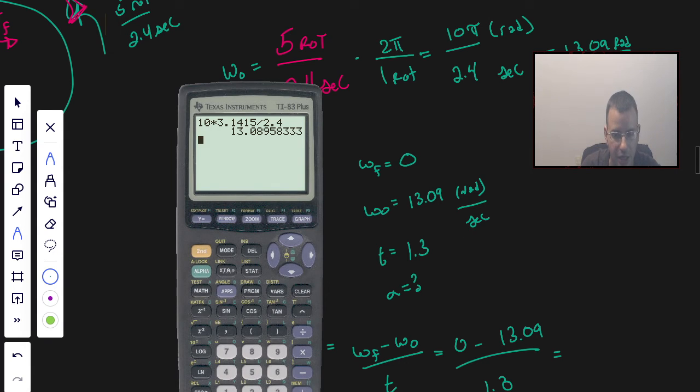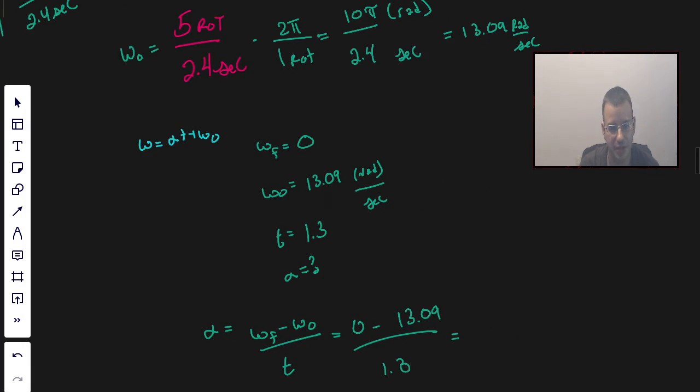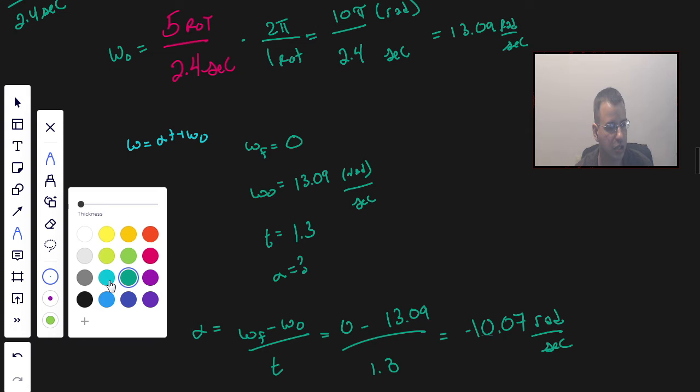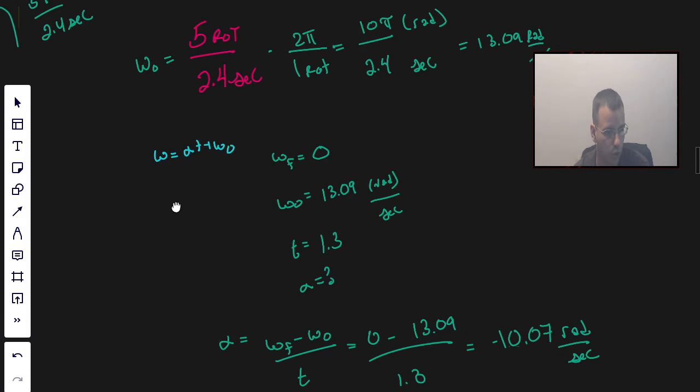So go to our calculator, divide that by 1.3. I know it's supposed to be negative. I'm fine with that. I'm going to do 10.07. So negative 10.07 radians per second squared.